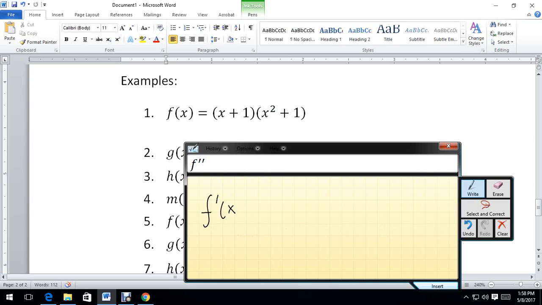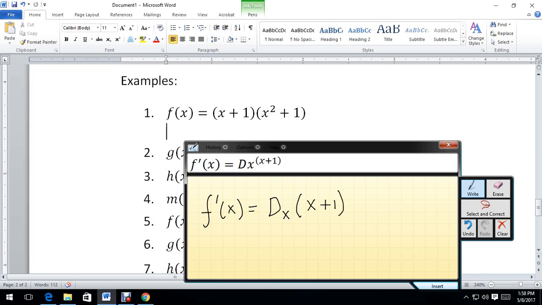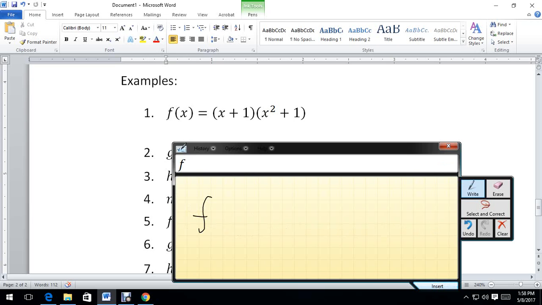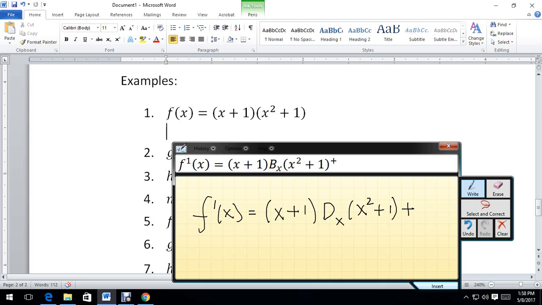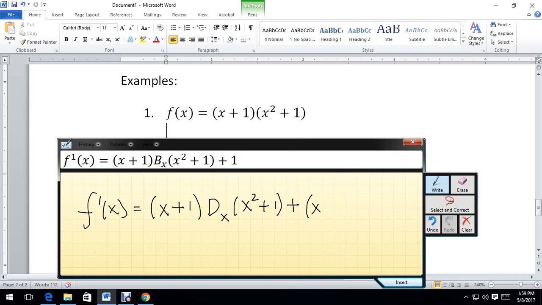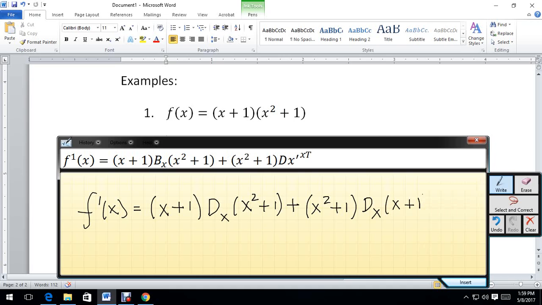We have f prime of x equal to the first times the derivative of the second, meaning you just copy the first form times the derivative of the second form, plus the second, meaning we just copy the second form, times the derivative of the first.